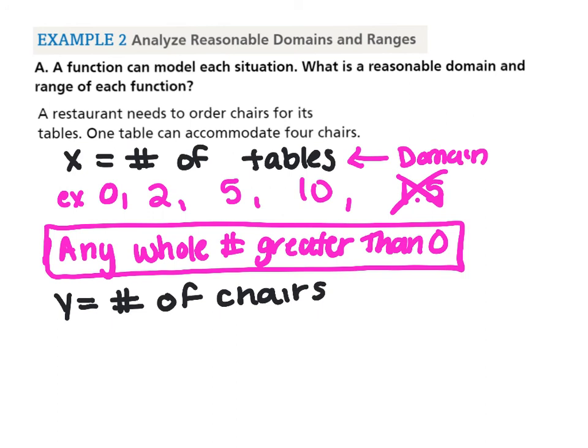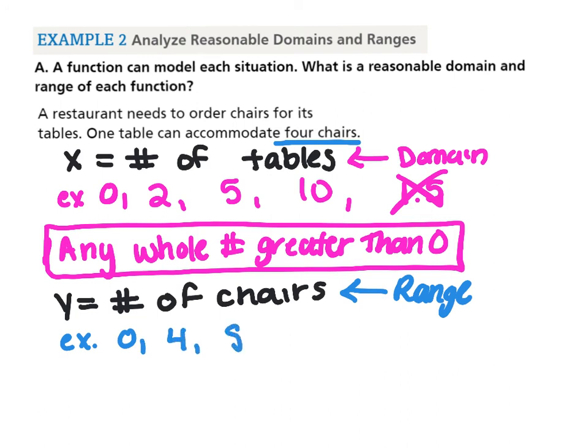Now for the range, or the y values, we have to have 4 chairs at every table. So for example, I could have 0 chairs, I could have 4 chairs, I could have 8 chairs, 12 chairs, etc. But you'll notice that these are always multiples of 4.